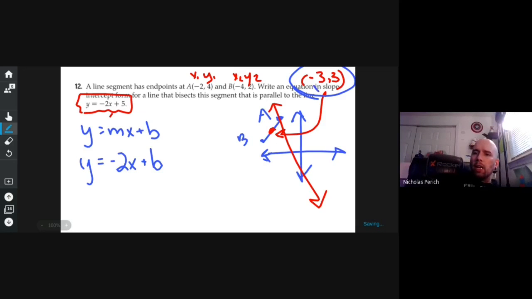So if that's an x value and that's a y value, I replace y with 3: 3 equals -2 times -3 plus b.